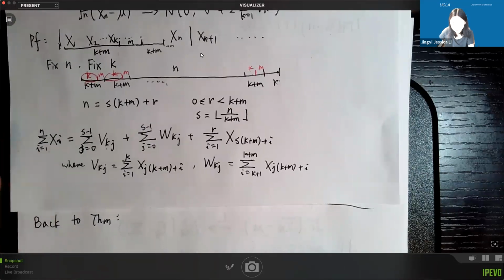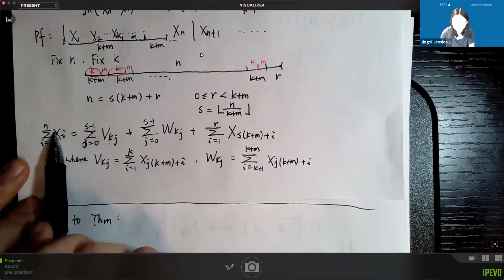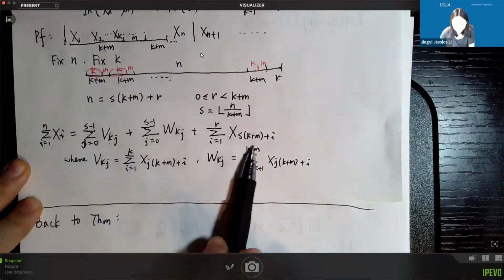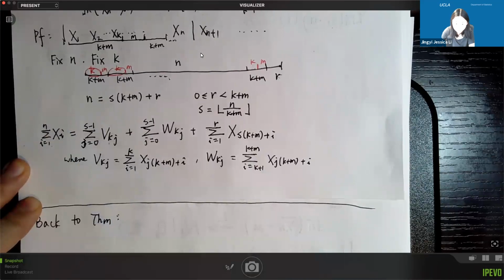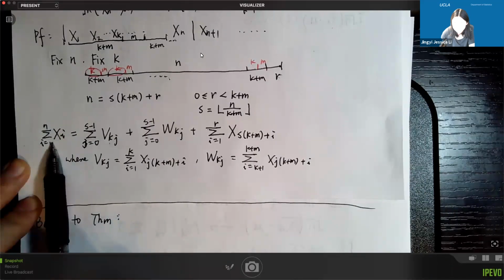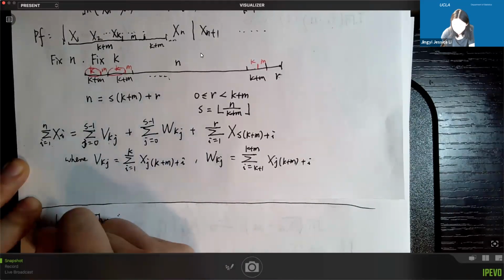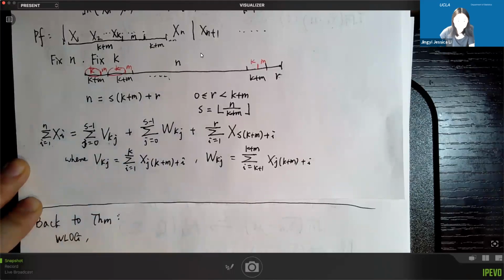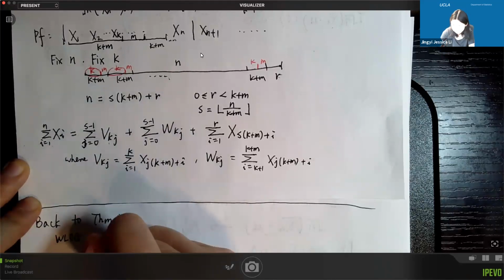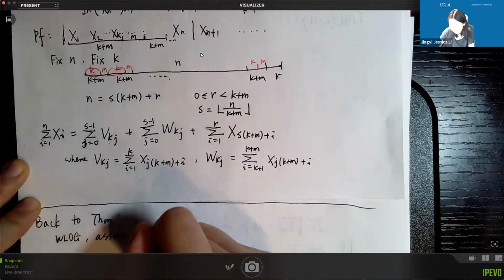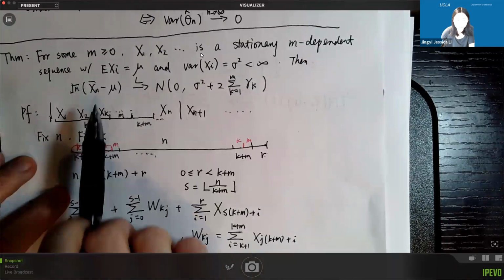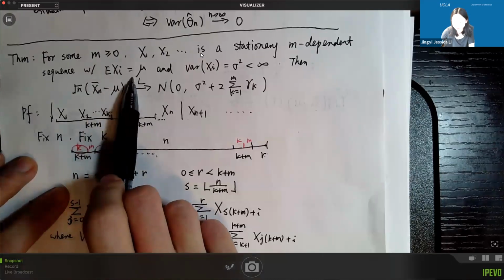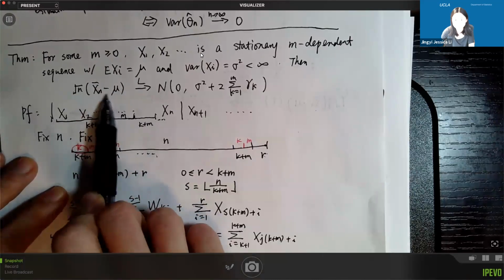I'll just stick with these raw notations here and the notations in my lemma. Without loss of generality, which is a very common technique, we assume mu equals 0. In other words, we assume each random variable is centered at 0. That's totally okay because we're going to subtract the mean anyway.